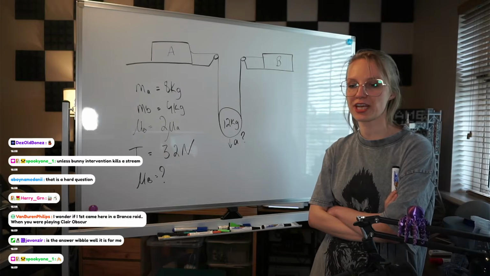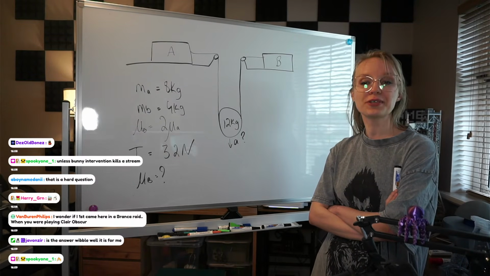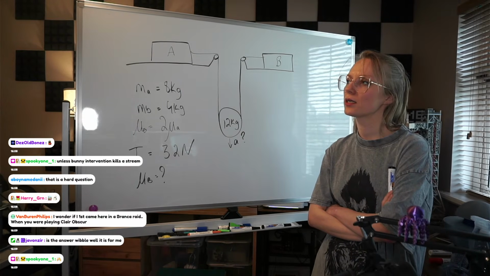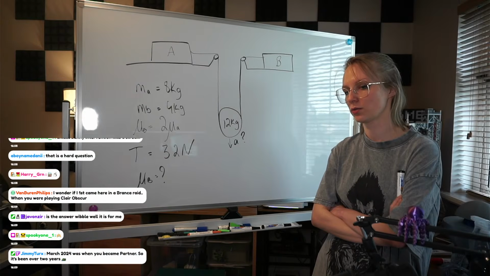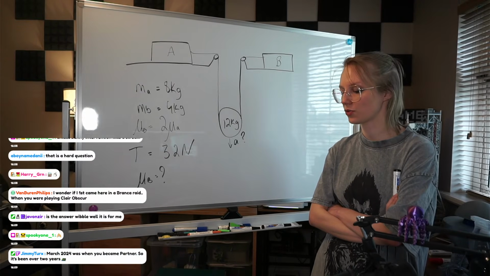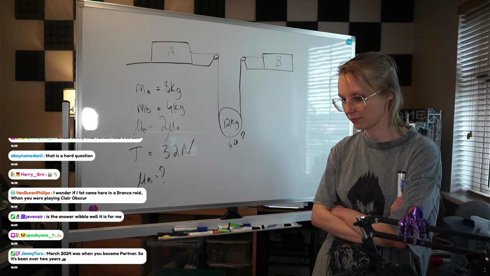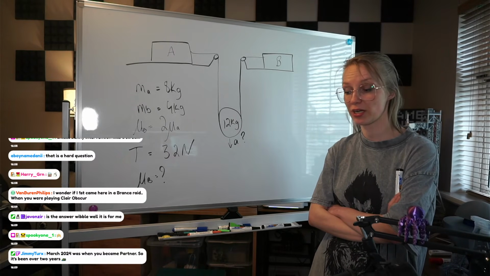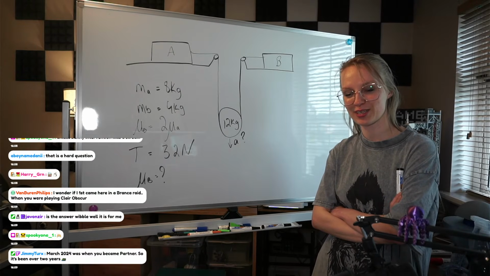I wonder if the first came here in a Branca raid when you were playing Clair Obscure. Branca supported me way before I played Clair Obscure. It was a long time ago. Branca used to support me back in 2023, I remember. She used to raid me a lot. Really, really nice. That's how I actually met her. She raided me once out of the blue, and that's how I got to discover her, which was really, really nice.